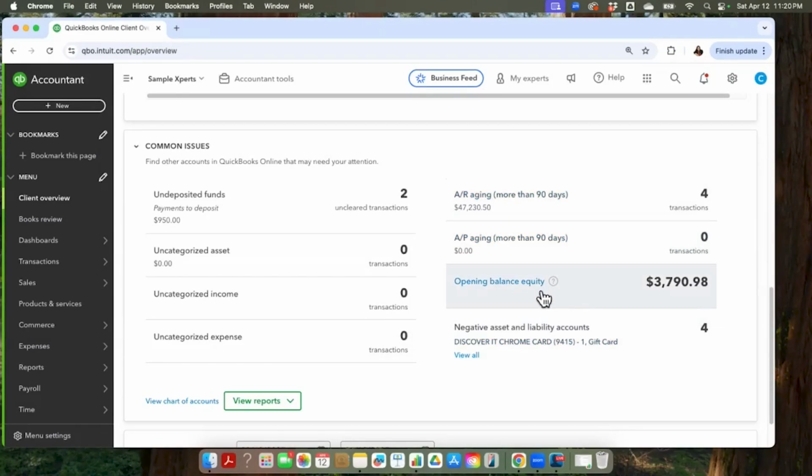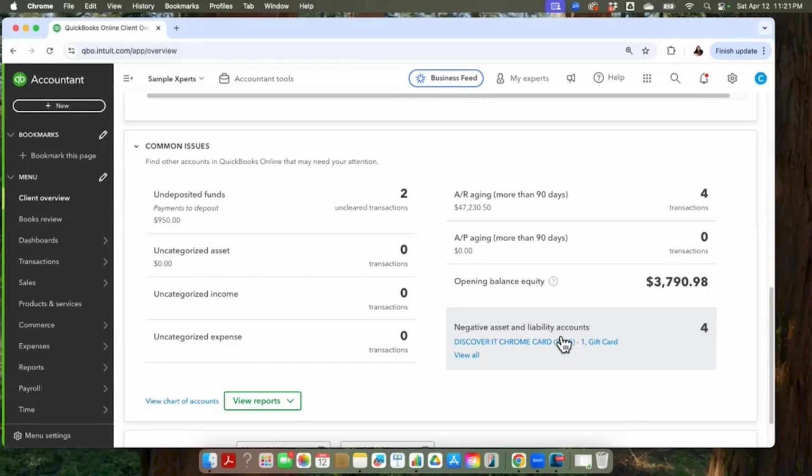If there is any opening balance equity, this is something that you actually empty out after you reconcile everything. If there is any opening balance, you empty it out of the opening balance into the equity account. And if there is any negative asset or liability account, this is something you need to look at, because if it is a negative asset, it means that there's something wrong.